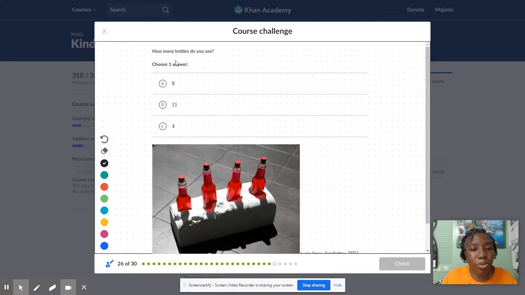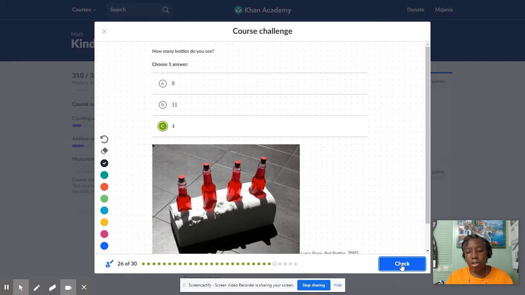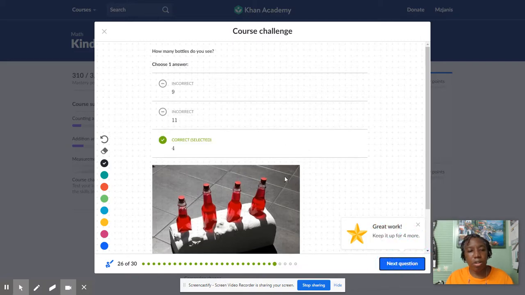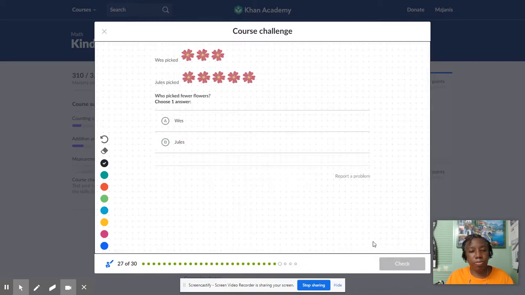How many bottles do you see? Who picked fewer flowers? Choose one answer, West or Jules. So now they're working with definitions or the meaning of words. Okay.